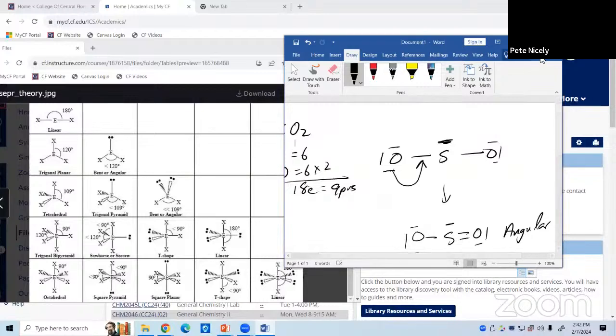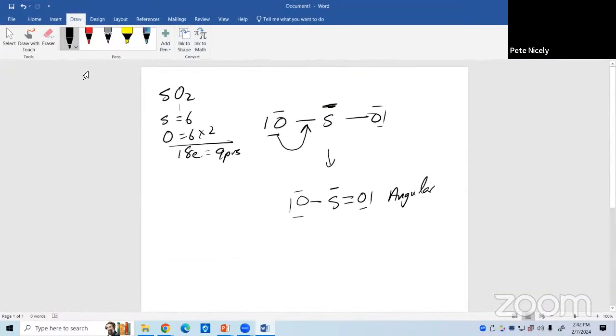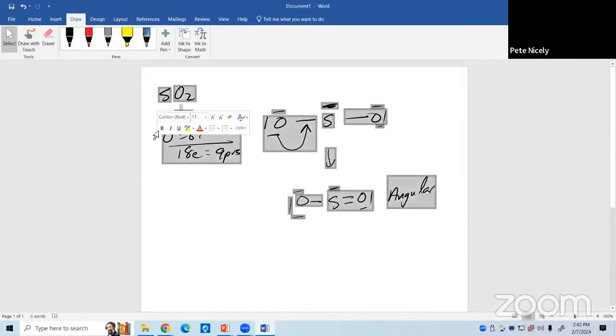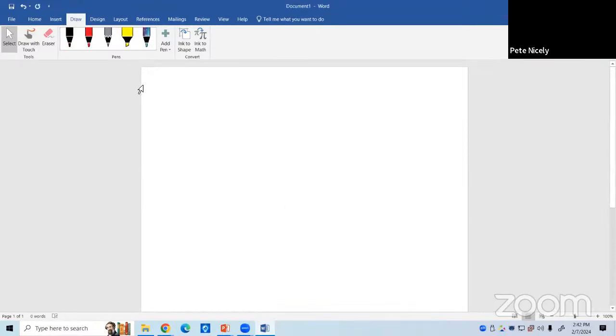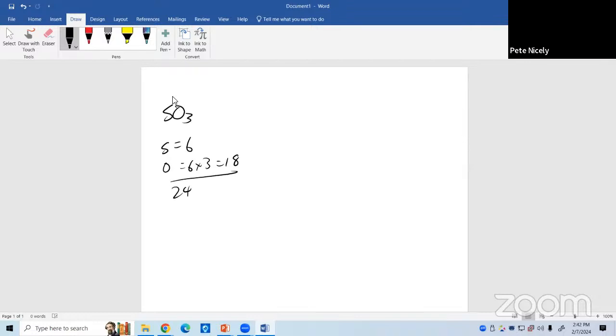Let's look at SO3. So let me clear this. In the case of SO3, we do the same thing as before. Sulfur will contribute 6. Oxygen will contribute 6 times 3 equals 18. 18 and 6, 24 electrons, which is equal to 12 pairs, right?